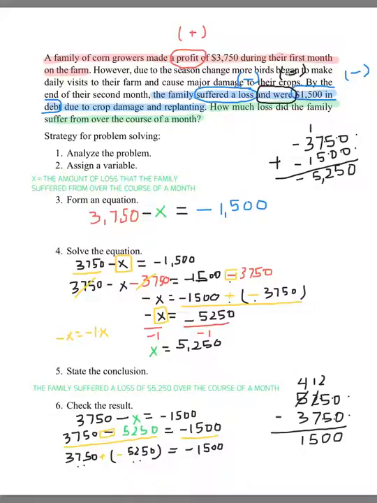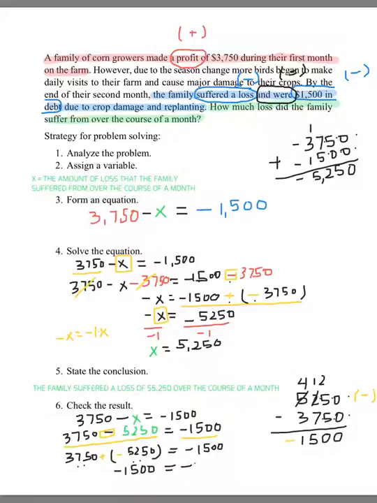And now we have to pay attention to the sign. The top number came from the negative value of 5,250, so what wins is the negative sign. So simplifying this on the left, we end up with a negative 1,500.